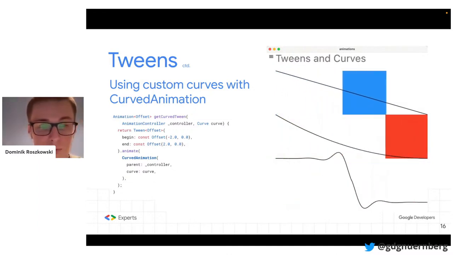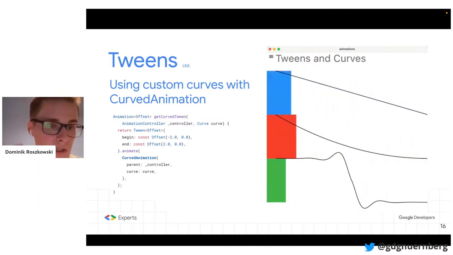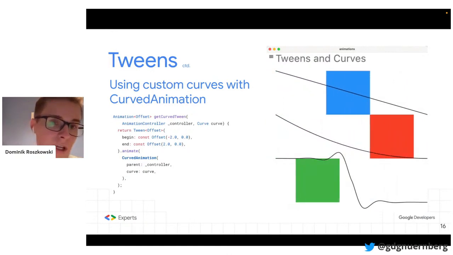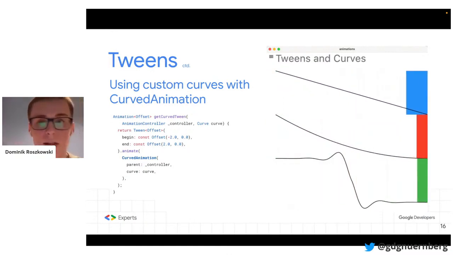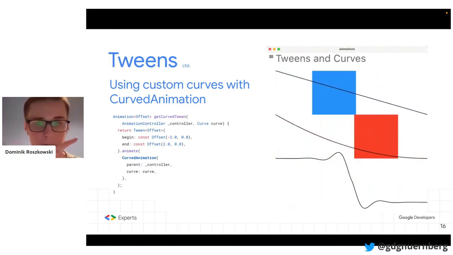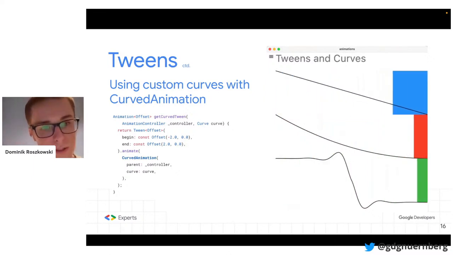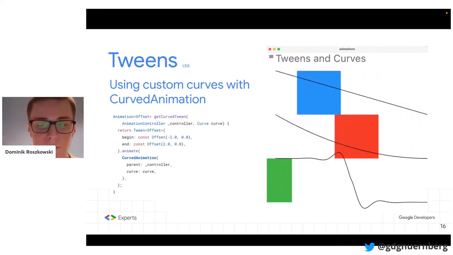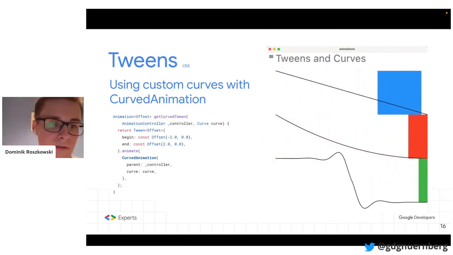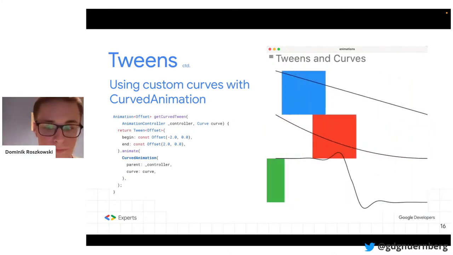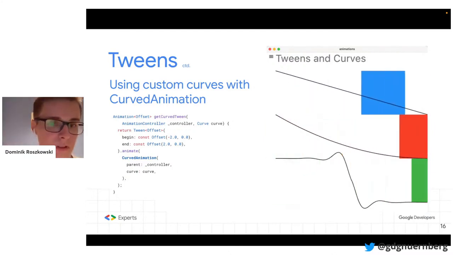So pretty cool stuff, and you can also chain multiple curves. So you can imagine that maybe you want to have a sinusoidal curve multiplied by the ease in or whatever, and you can just chain them indefinitely so that you arrive at your desired movement definition.